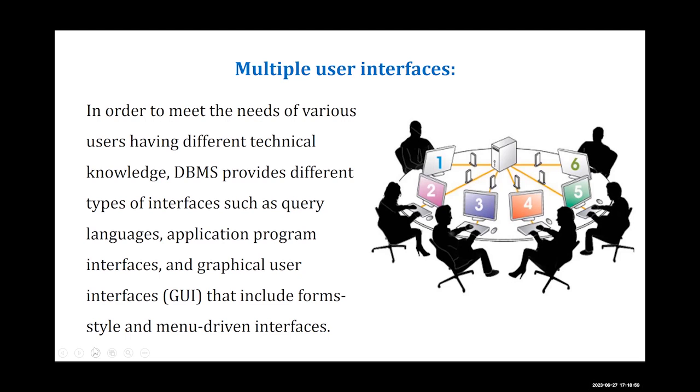Okay, so DBMS provides different types of interfaces such as query language, application program interface, and graphical user interface that include form styles, menu driven interfaces. Form style interface displays a form to each user and the user interacts through the forms. In menu driven interfaces, the user interaction is through lists of options known as menus.